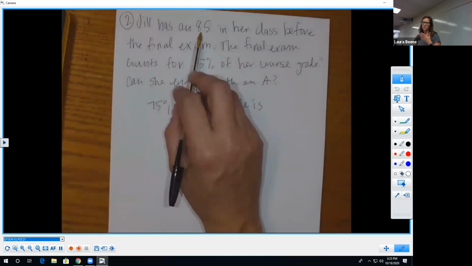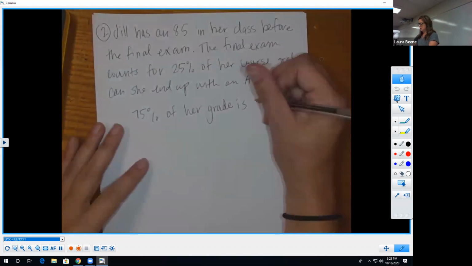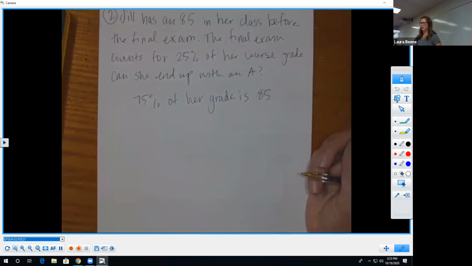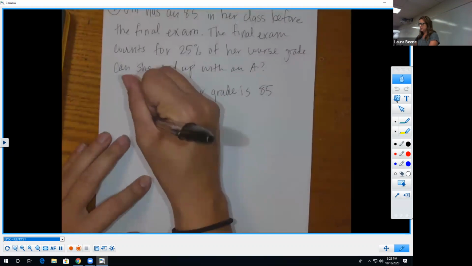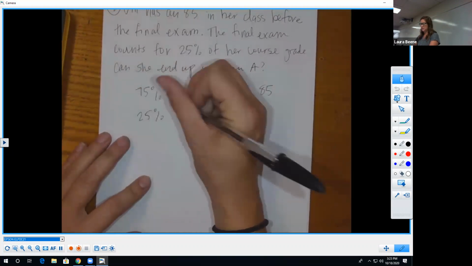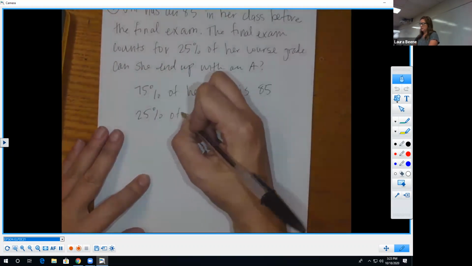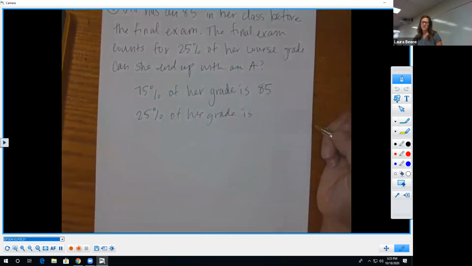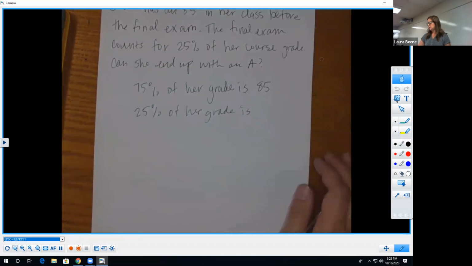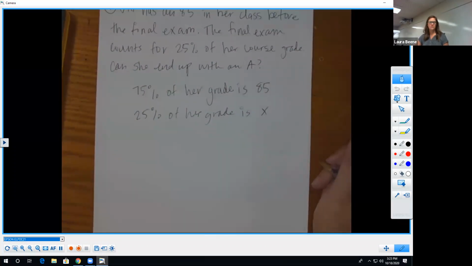It's like all her daily work and tests and everything she's made before now. She has an 85 for 75% of the class. The other 25% of her grade is the final exam grade. We don't know what the final exam grade is, so let's call it X, F, G, whatever you want to call it. It doesn't really matter.